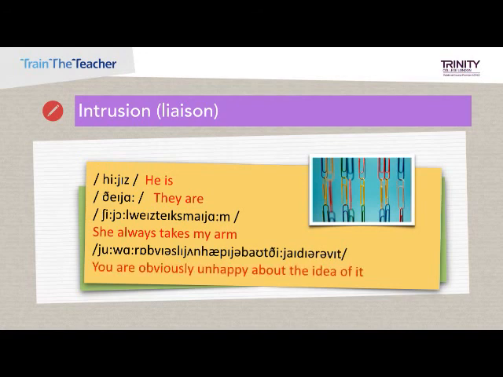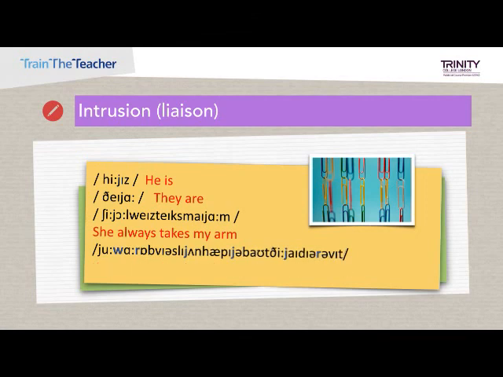So hopefully you came up with, you are obviously unhappy about the idea of it. What other intrusives can you find here? So you can see them highlighted in blue on the slide.